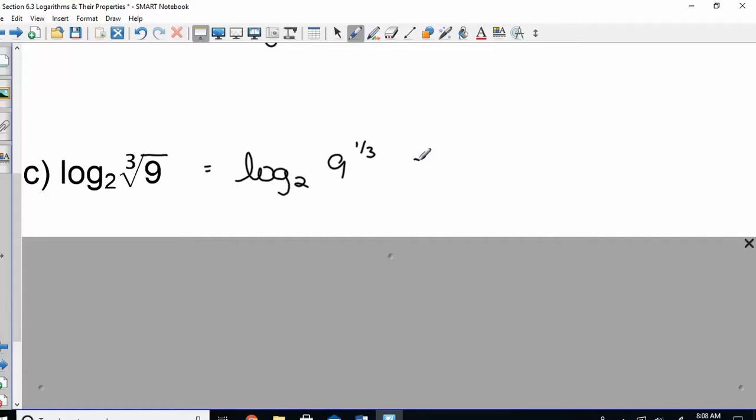Then the properties of logs tell me what happens to that exponent. It goes down to the front. That's 1/3 times log base 2 of 9. Any questions so far?